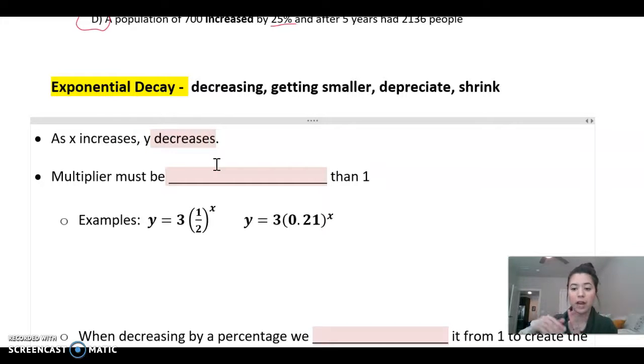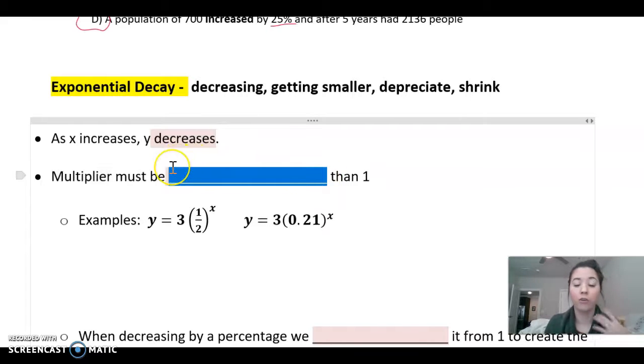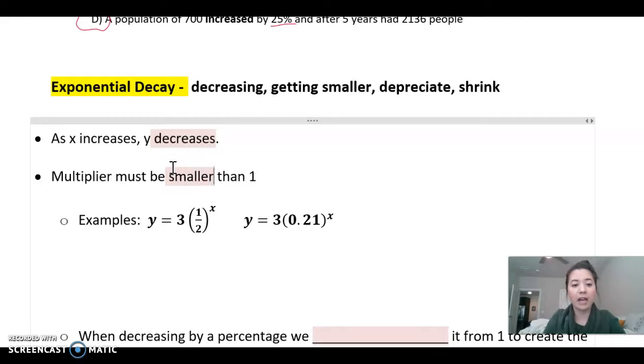So as we go through time, that y value is getting smaller and smaller and smaller. For a growth, my multiplier, that b value, was greater than 1. So for a decay, it has to be less than 1. So when we have a multiplier of 1/2 or 0.21, both of those are less than 1, which tells us that this is a decay. My numbers are shrinking.